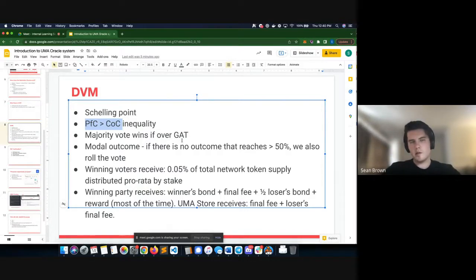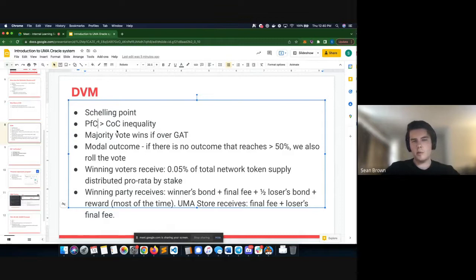Basically, the idea is that we should always have this inequality, and PFC stands for profit from corruption, which is the maximum amount of value that somebody could steal from a contract or a system using our Oracle solution if they manipulated the price. So if they could somehow corrupt that price that was being returned.